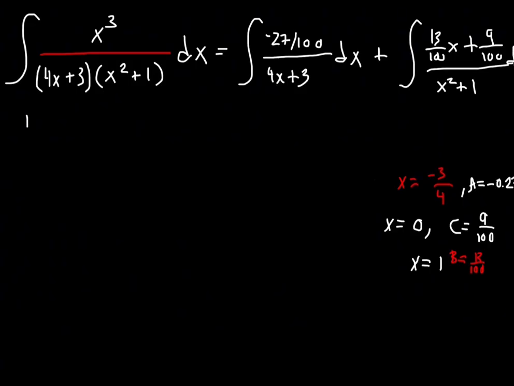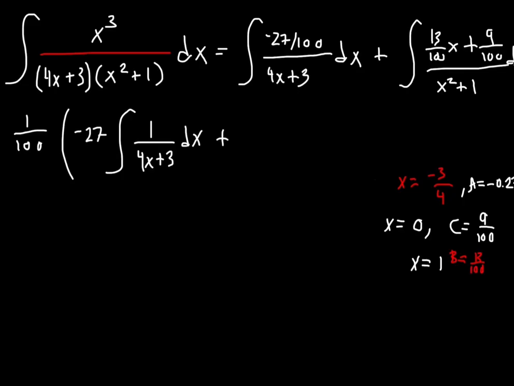At this point, I could factor out a 1 over 100. So I have 1 over 100 times, and I can also bring the 27 to the front, negative 27. So negative 27 times integral of 1 over 4x plus 3 dx plus integral of 13x plus 9 over x squared plus 1 dx.